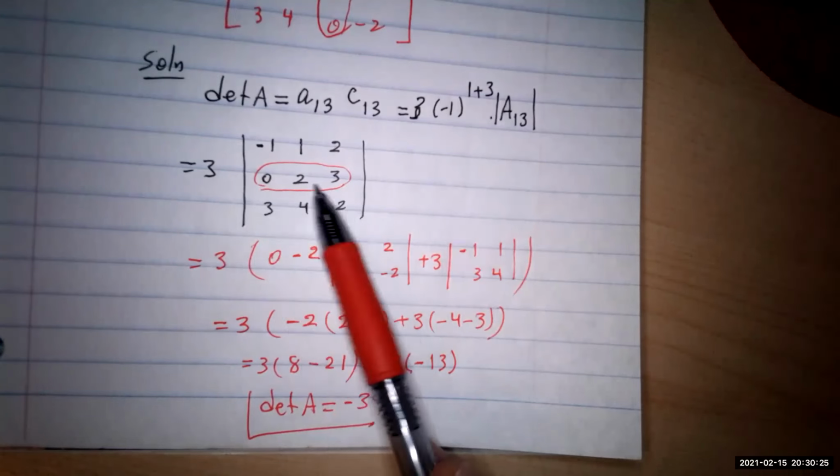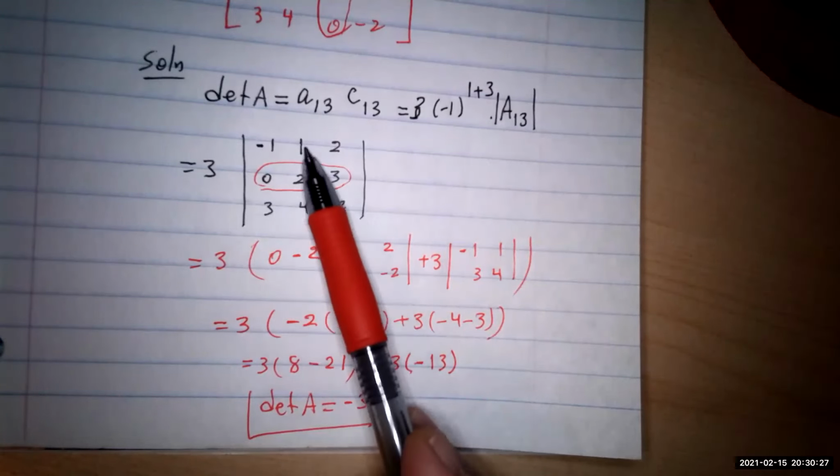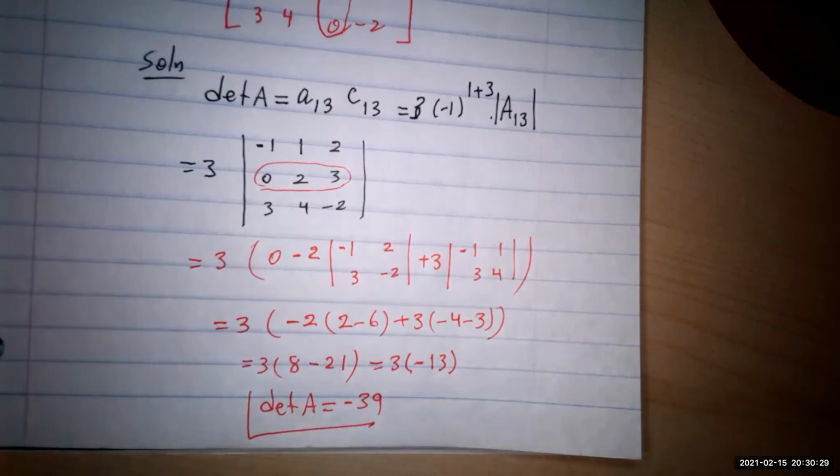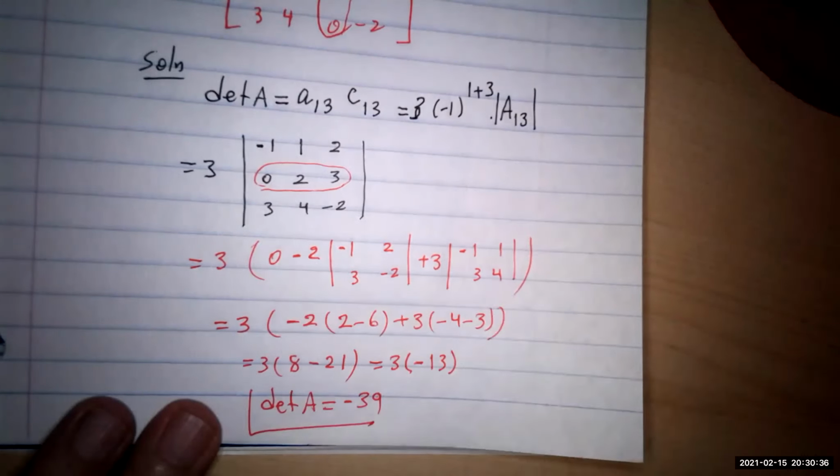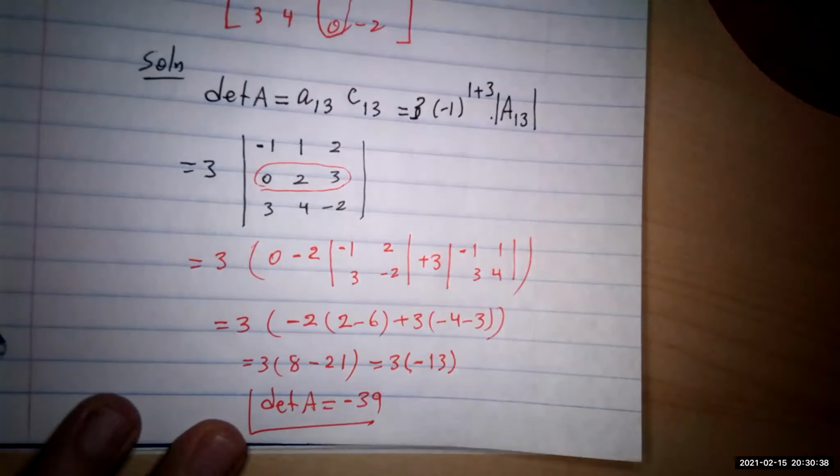This is the second row, second column. So this must be positive. Okay, that gives you a positive 1.